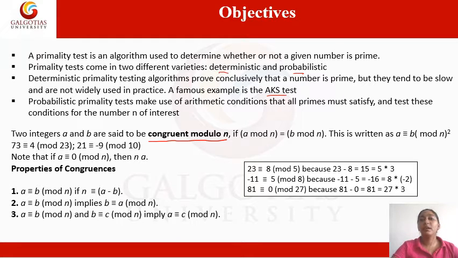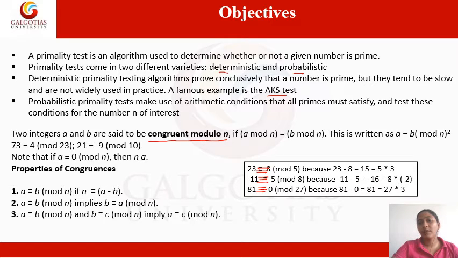This says if A mod n is equal to B mod n, then we can rewrite it as A is congruent to B mod n. We can apply this in different ways, as you can see here. These are the equivalence relations, the congruence relations.